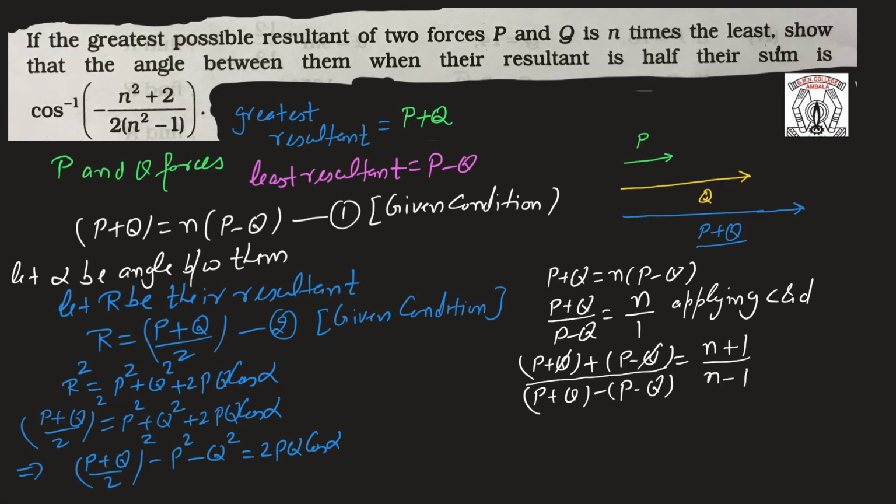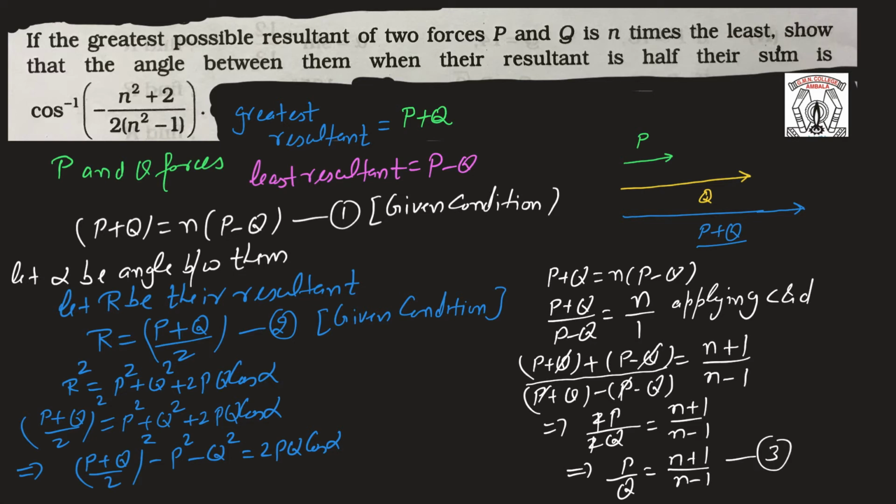Q and Q will cancel out, and here P and P will cancel out. This implies that 2P over 2Q is equal to n plus 1 over n minus 1. 2 and 2 will cancel out, implies P by Q is equal to n plus 1 over n minus 1, and I am going to name it as equation number 3.